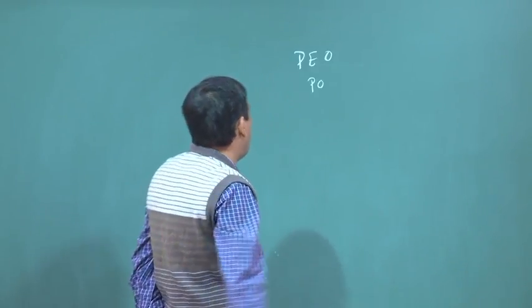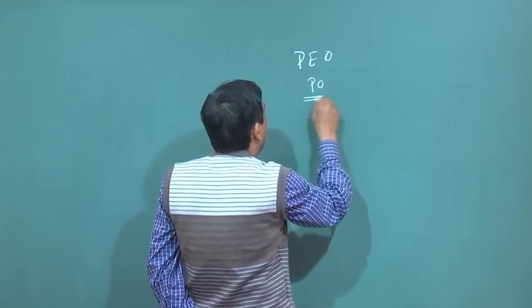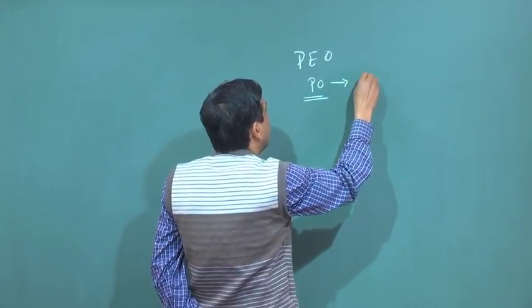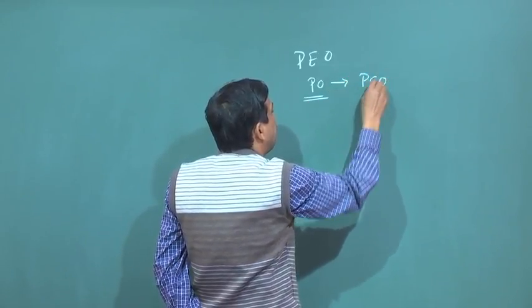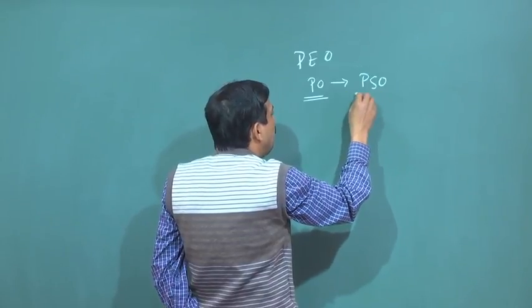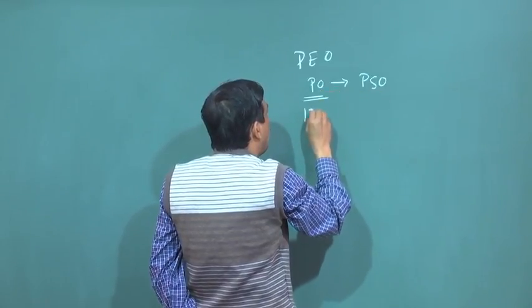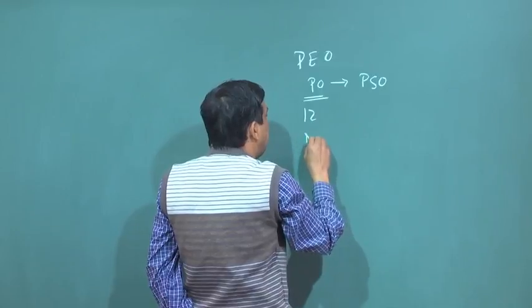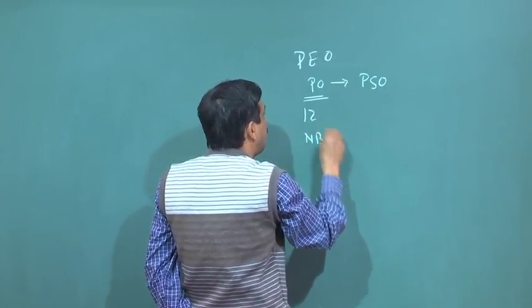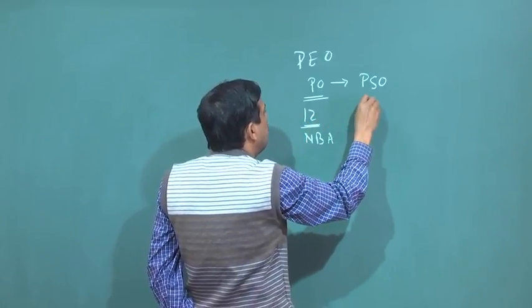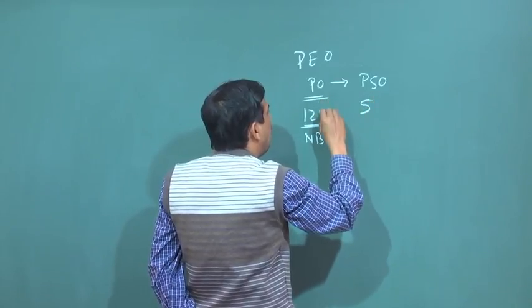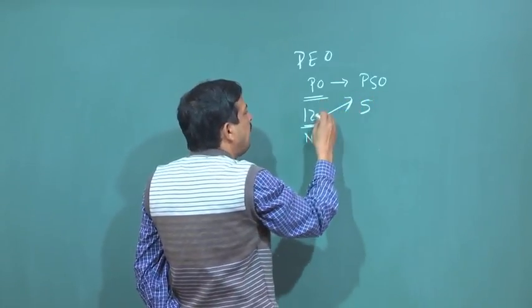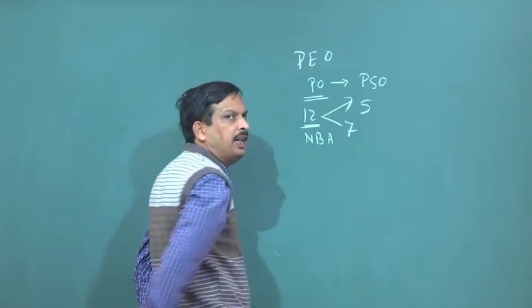Now, this program outcome may consist of the PSO, program specific outcome. As per the NBA or Washington Accord guidelines, there are 12 POs. Out of 12, 5 POs are domain specific and 7 are domain independent.